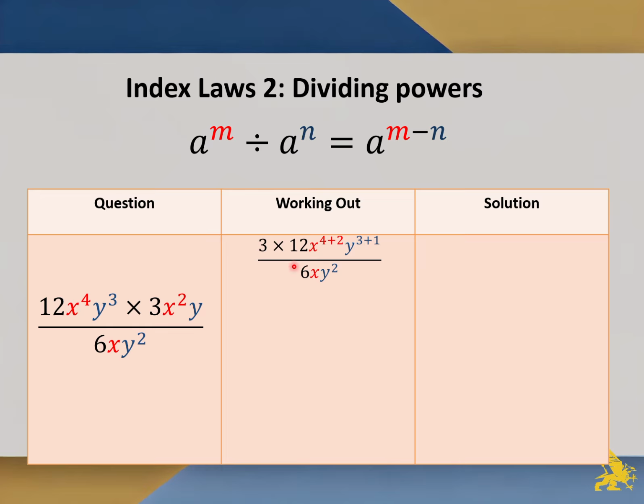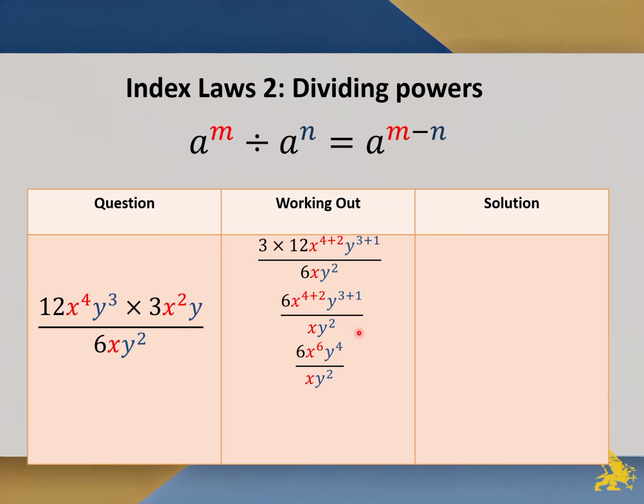If I would like to simplify this, I'm going to look at my coefficients. So I've got 3 times 12, which is 36, and then I divide it by 6 and I get 6. I'm now going to simplify my powers. On the top, I've got x to the power of 6 and y to the power of 4.